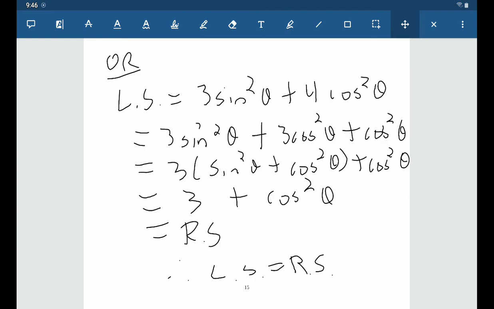Either way, as long as we're using identities that we already have established, Pythagorean identities, even odd identities, etc., and doing valid algebraic steps, as long as we're not inventing our own versions of algebra, then what we're doing should arrive at the same end point. Okay, we'll take a pause here, and then we're going to come back and do a few more examples.